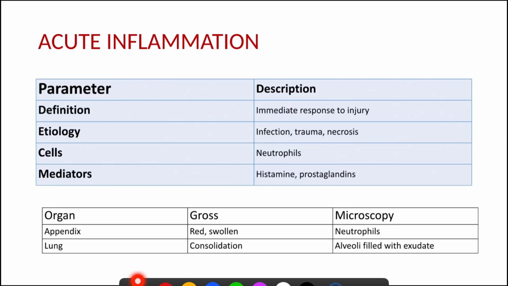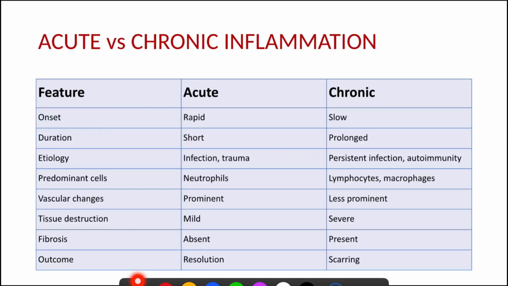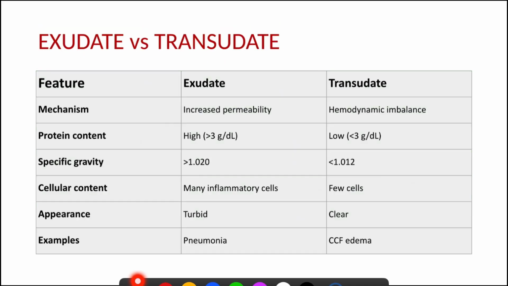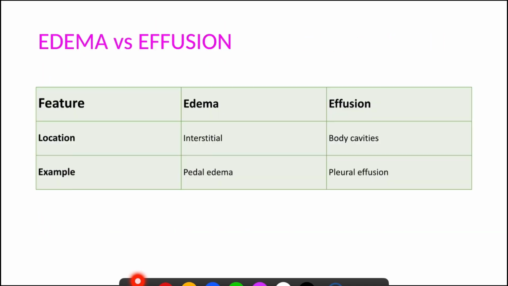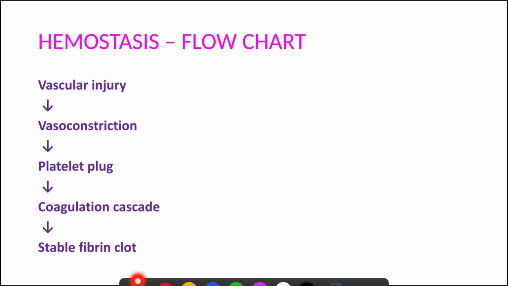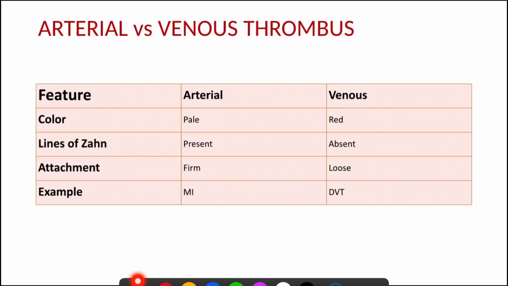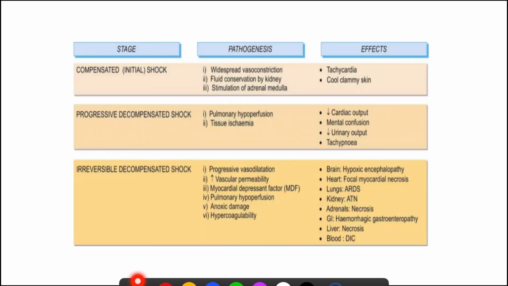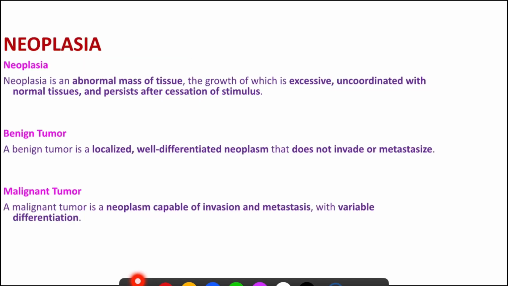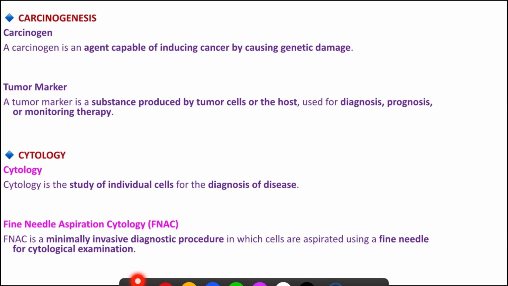So these are the important topics for general pathology. Very important. If you go through them and do last day revision with these topics, it will be helpful for you.